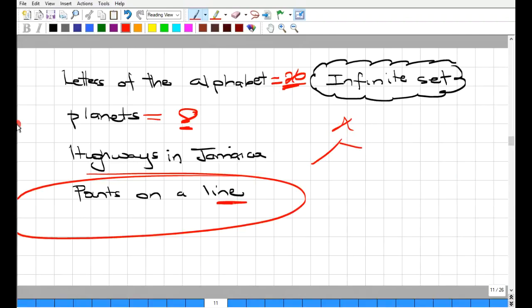For letters, we can come up with a cardinal number to show the number of letters in the alphabet. For the planets, we know that we have 8 now. We had 9 before, and prior, and the points on the line would be infinite.